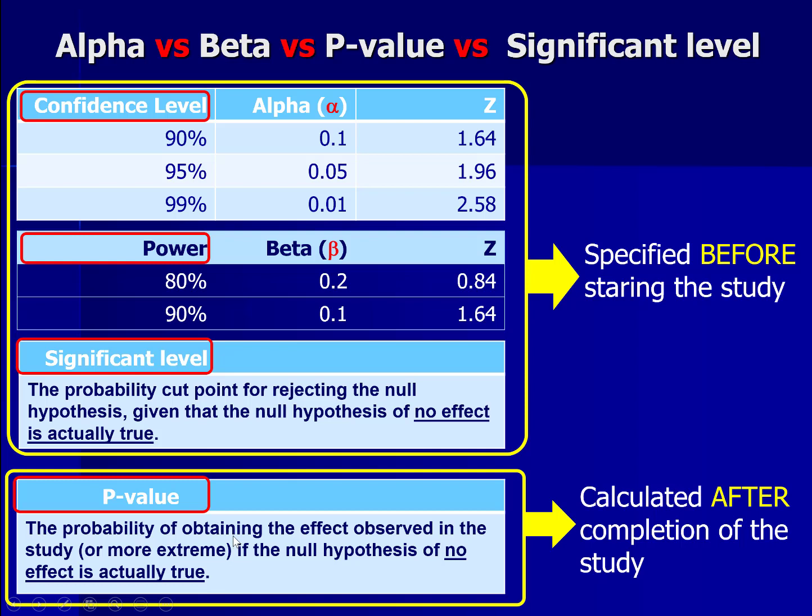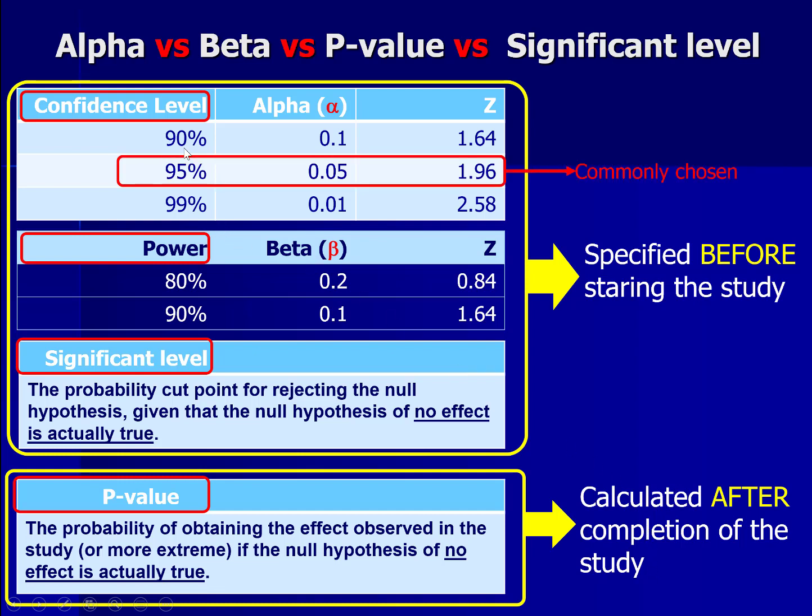If the p-value is less than the significance level chosen, then we interpret it as significant. All right.